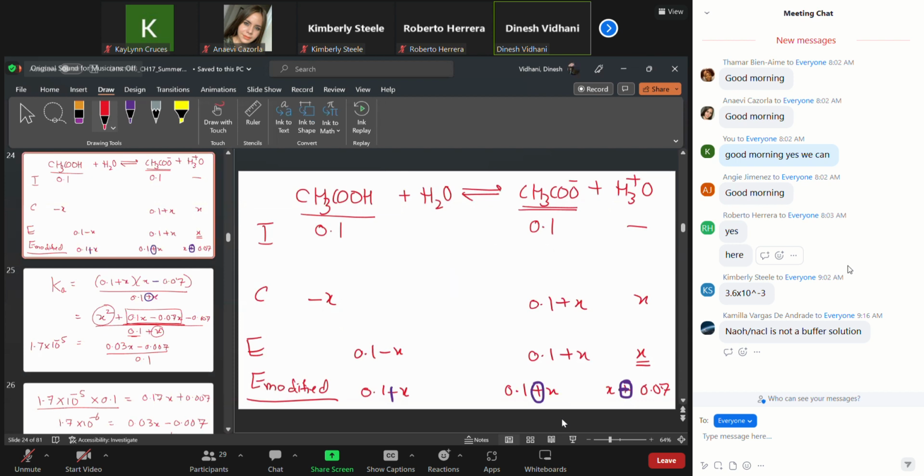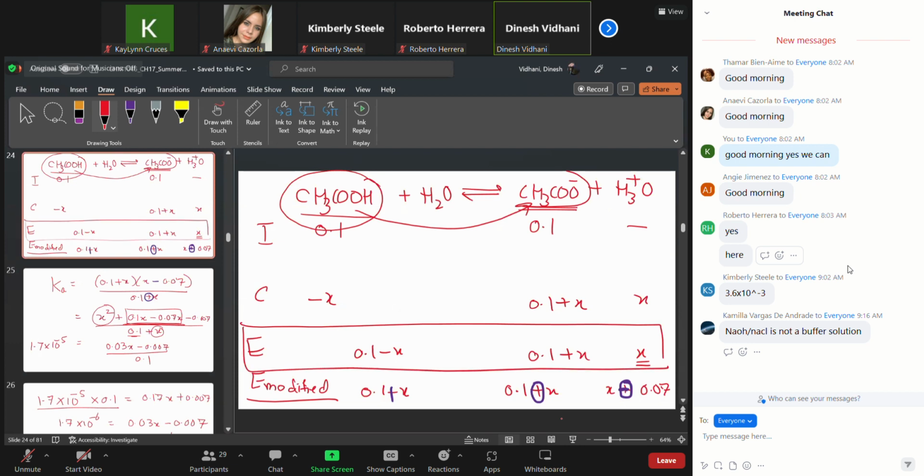Okay. See, in the forward reaction, acetic acid is generating acetate. So far, so good. So based on this ICE table, this is correct, right? So you have 0.1 minus X, you're going to get X from this equilibrium, plus X is hydronium ion coming from that equilibrium.